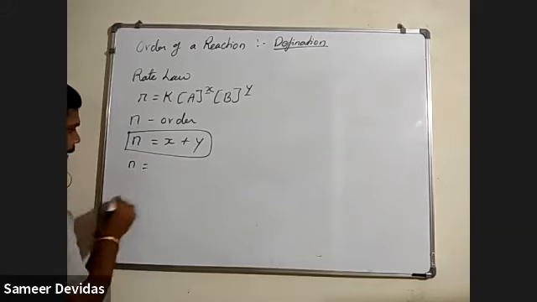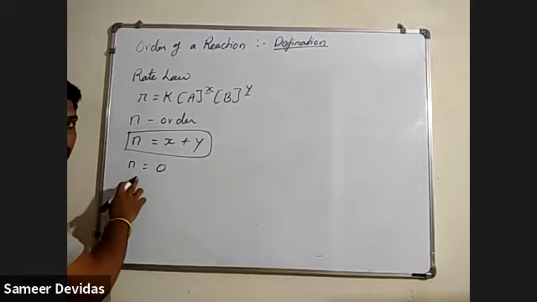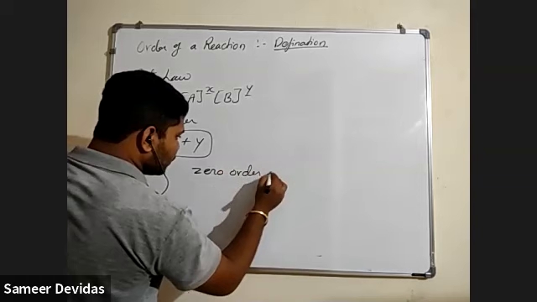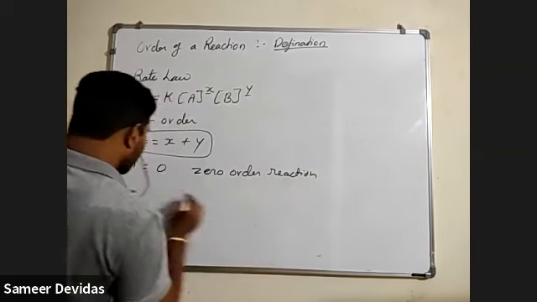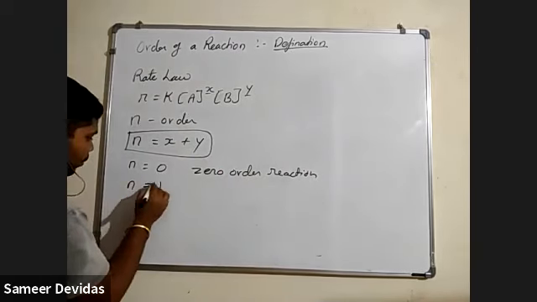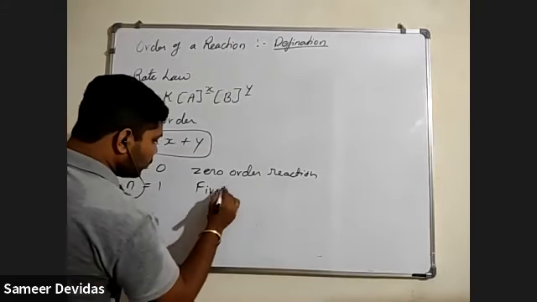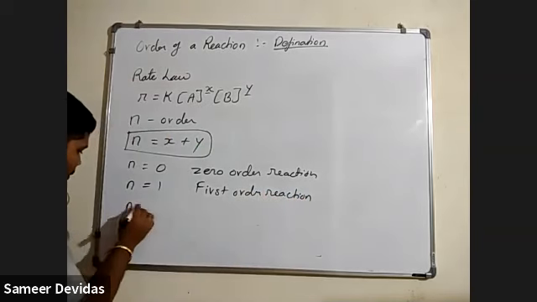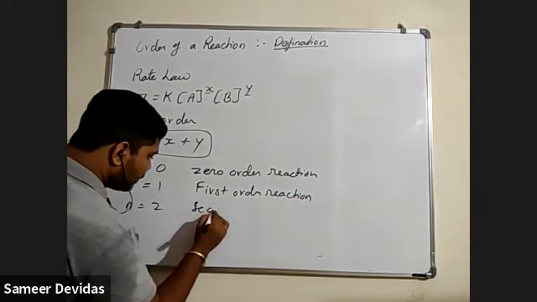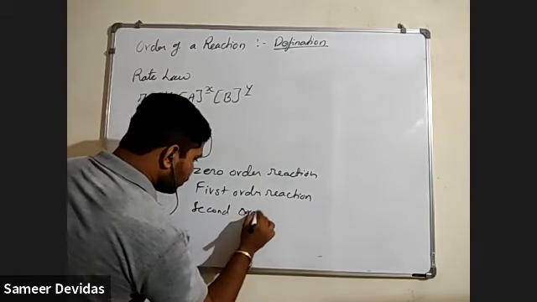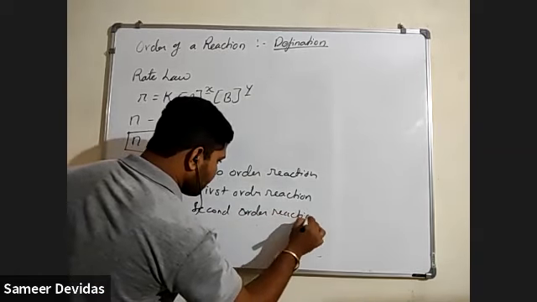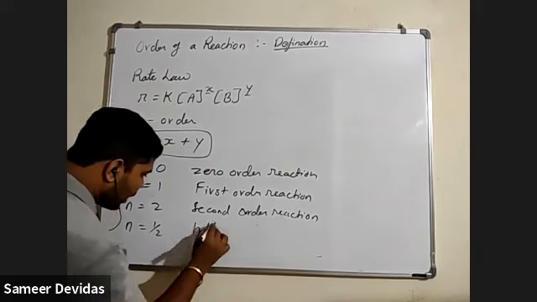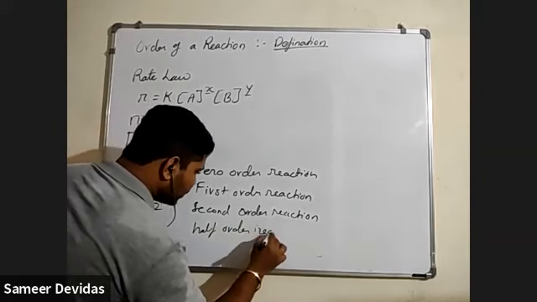So order can be zero. Then it is called a zero order reaction. Order can be one, then it is called a first order reaction. Order can be two, it is called a second order reaction. Order can be half, then it is called a half order reaction.